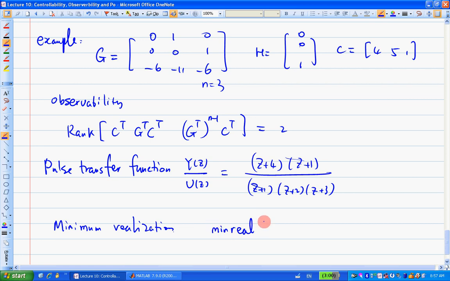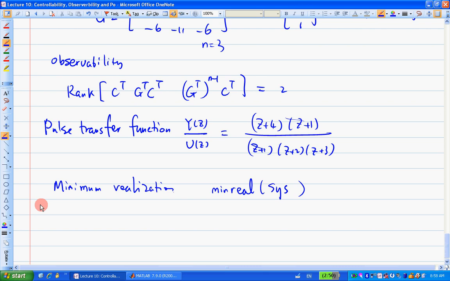When you have a system set up, if you apply minreal to the system, MATLAB does this order reduction for you. If no reduction is necessary, it just keeps it as it is. I'll show you some examples regarding this minreal in the next lecture.